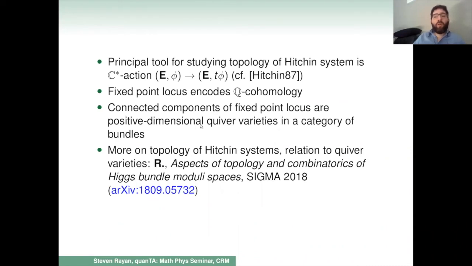Certain things that you know have to be true geometrically force upon you certain realities in the cohomology ring, which then become various kinds of identities involving Betti numbers, which then become their own combinatorial statements. If you're interested in this, you can see more about the topology and combinatorics in relation to quivers, in the context of Hitchin systems, in a survey paper that I wrote, which is available on the arXiv.